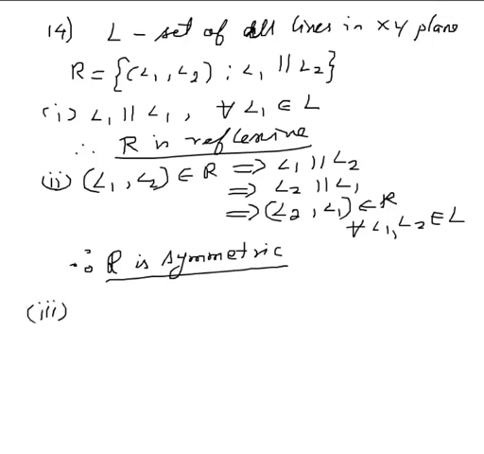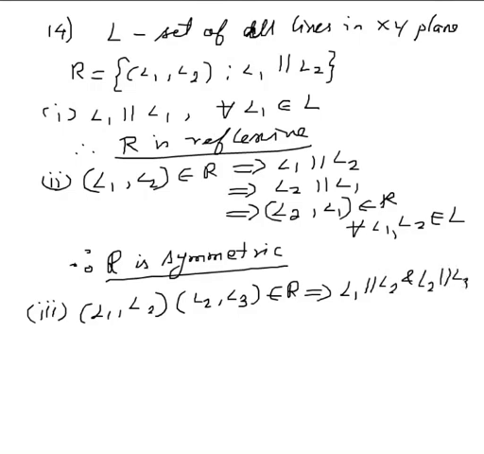The third one, let us take two elements (L1, L2) and (L2, L3) belonging to R. That implies L1 is parallel to L2 and L2 is parallel to L3.